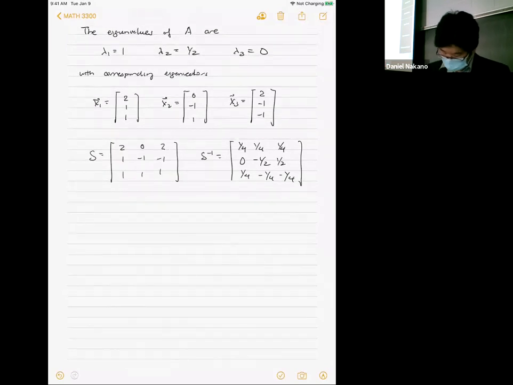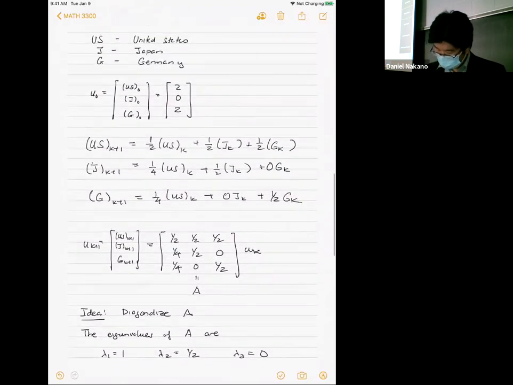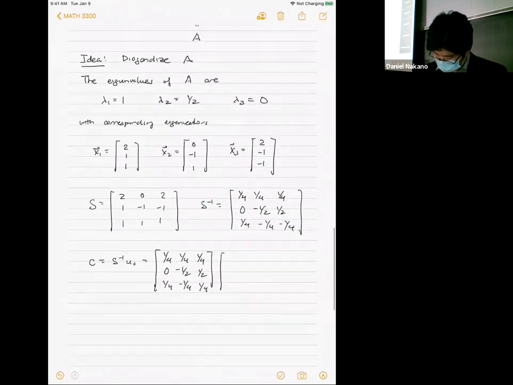And then you take C, which is S inverse U0. So I'll just write that out: 1/4, 1/4, 1/4, 0, minus 1/2, 1/2, 1/4, minus 1/4, minus 1/4. And the initial value condition, we go way back up here, is 2, 0, 2.